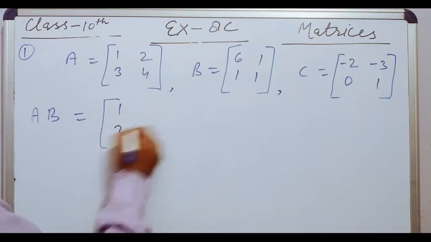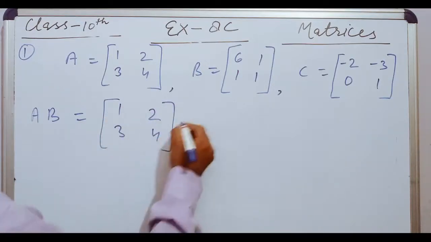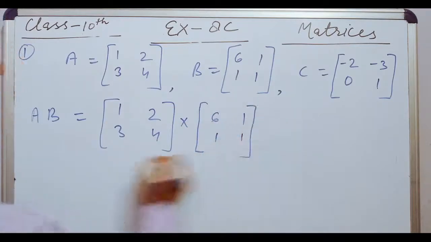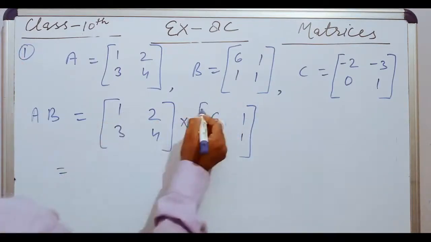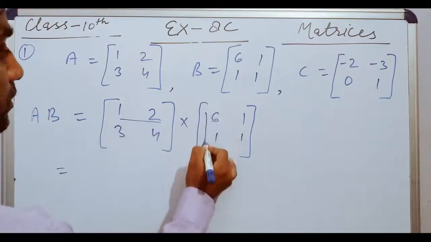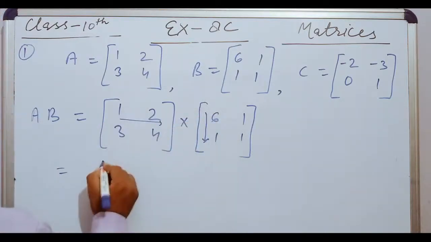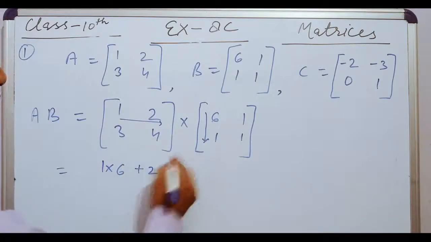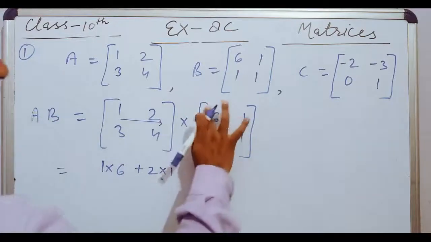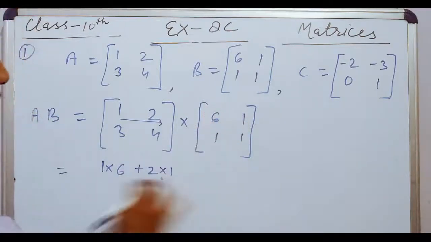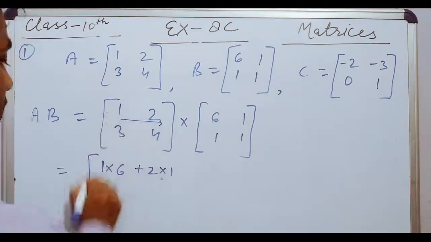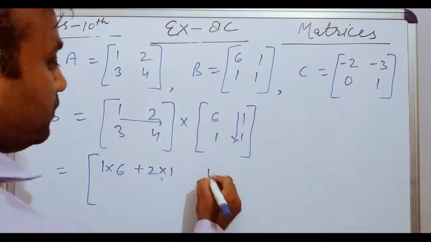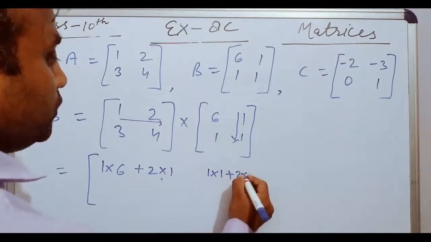So [1 2; 3 4] into [6 1; 1 1]: 1 into 6 plus 2 into 1, this is A11.